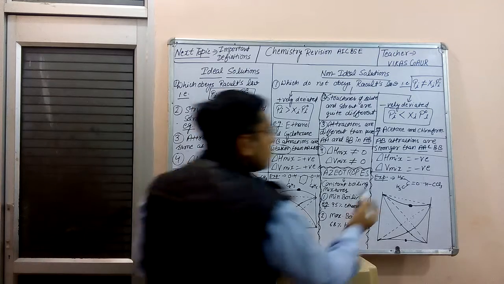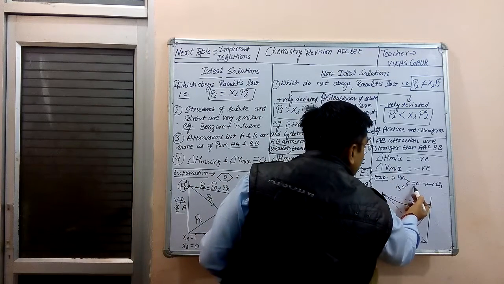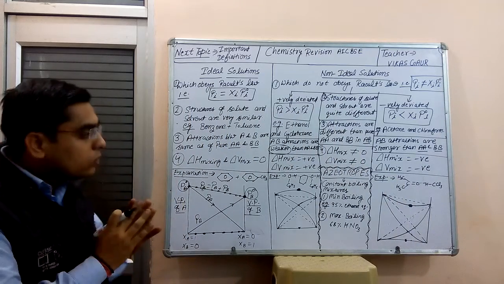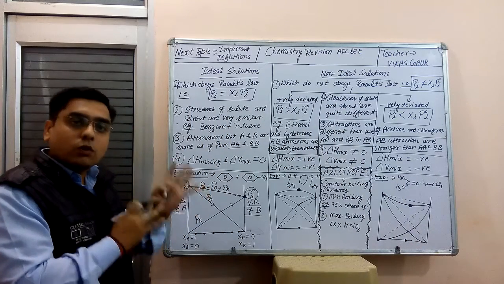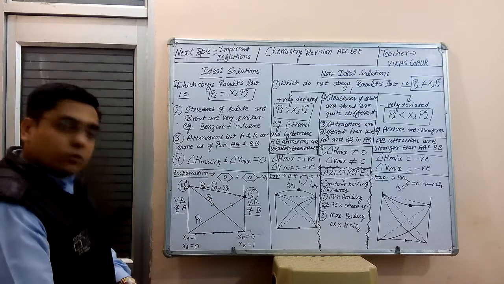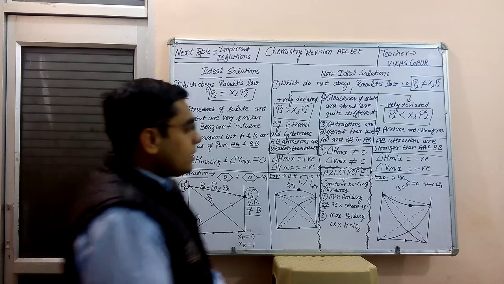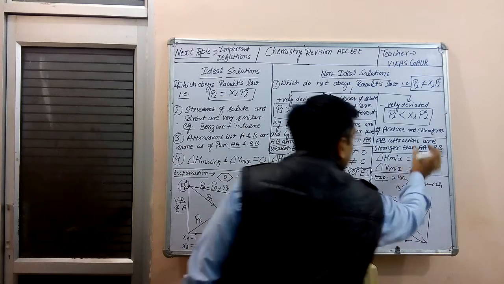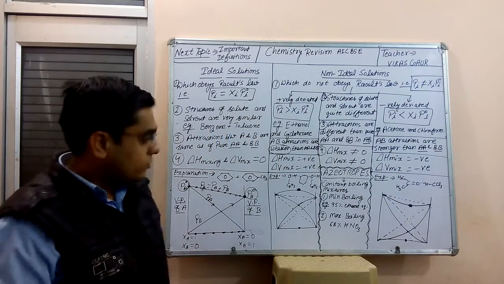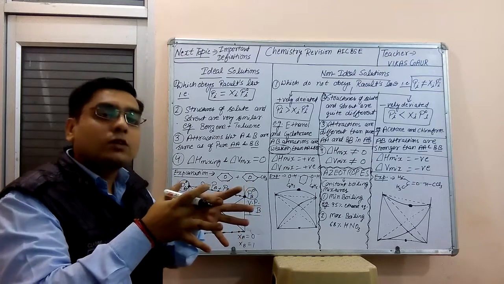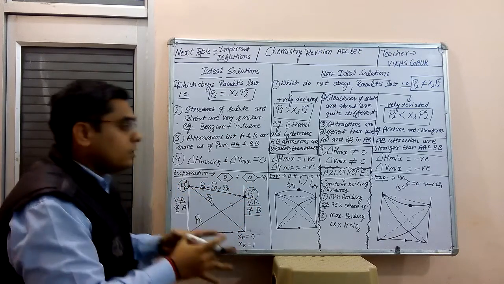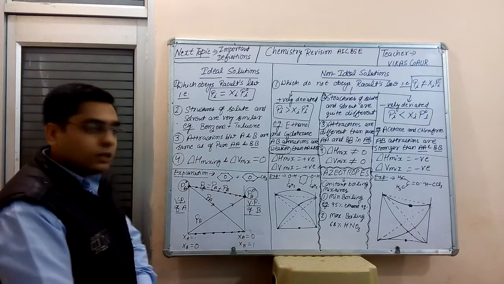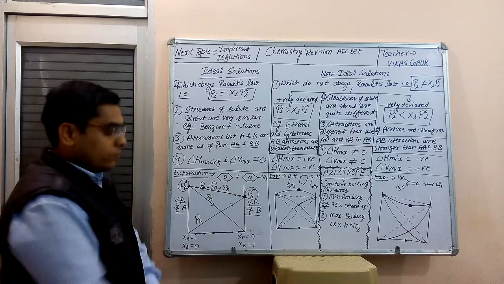But in negative deviation solutions, for example acetone and chloroform, they form a hydrogen bond, and this is stronger than the earlier bonds of the pure state. And due to this, the attractions increase, so heat is released, means delta H negative. And when attractions increase, molecules come close, then the volume decreases. So delta V mixing is negative.